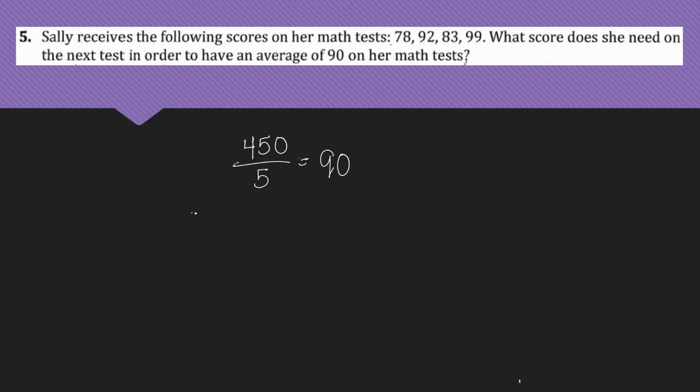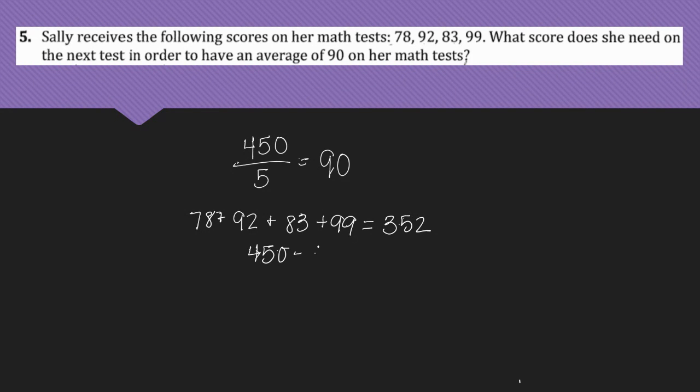Now, if I add up the 78 plus the 92 plus 83 plus the 99, she already has 352 points. How many more does she need to get to that total of 450?